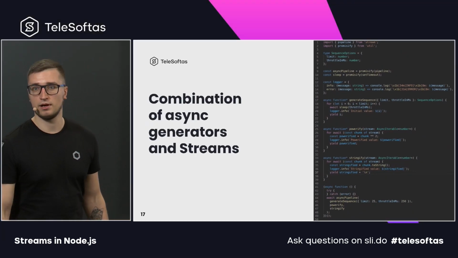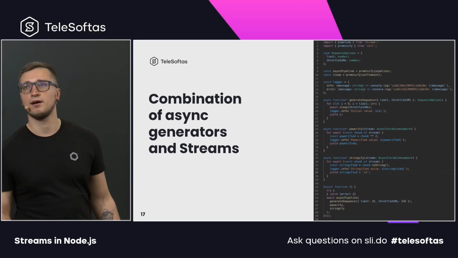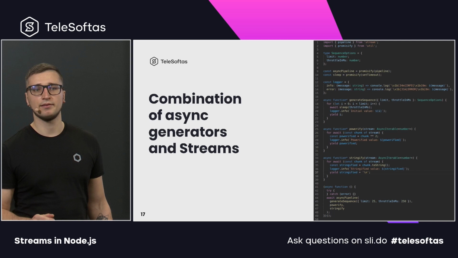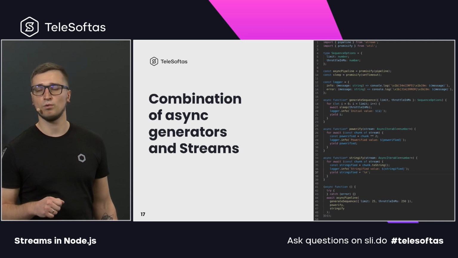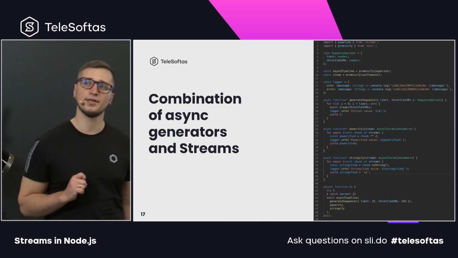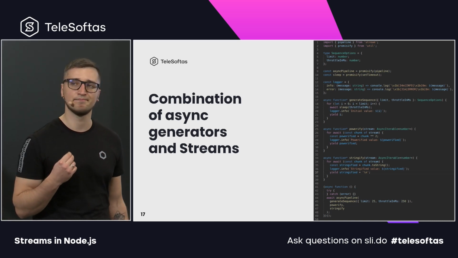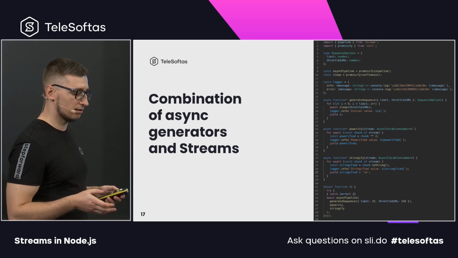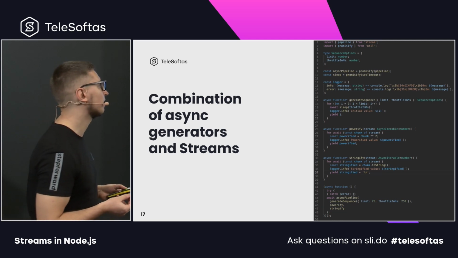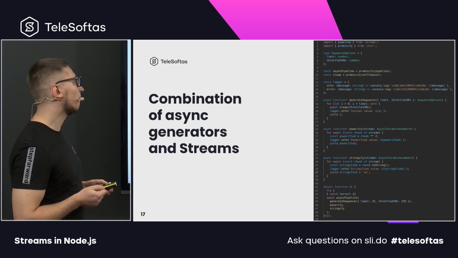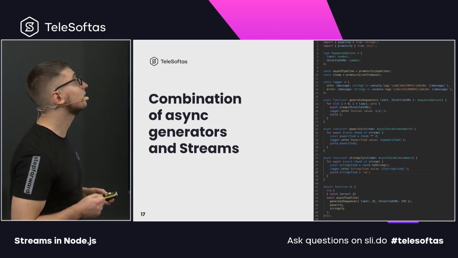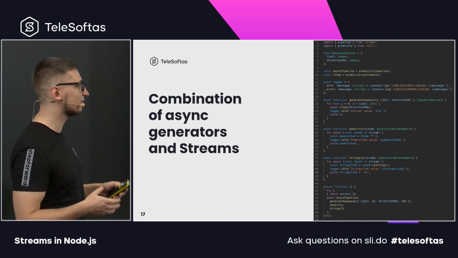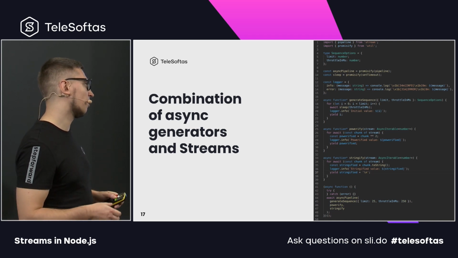Moving forward, this is really interesting. It's possible to combine both streams and asynchronous generators. What does that mean? Generators themselves are not streams, which means that they do not have events which can be subscribed to. However, the internal tool called pipeline supports asynchronous generators as well as streams to compose a pipeline.